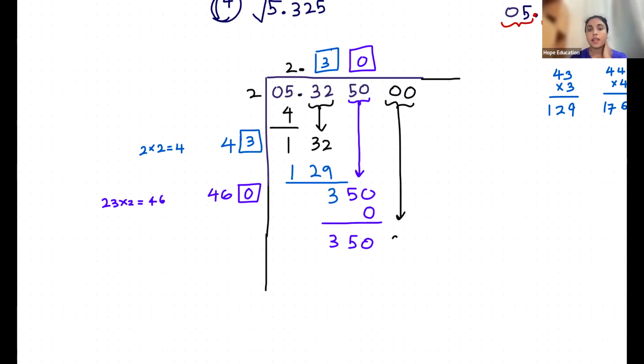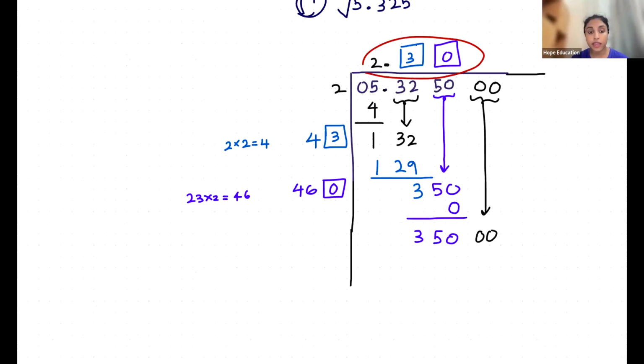Now, let's look at here. At the top, I have 230 and I need to get the double of 230. What is the double of 230?